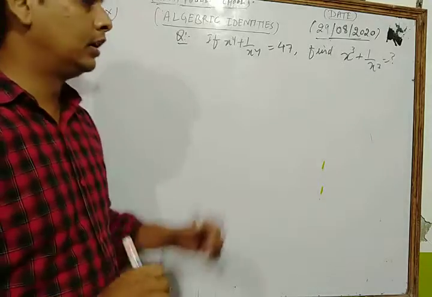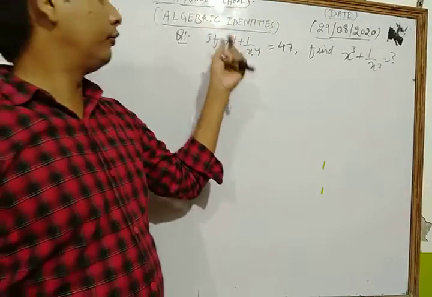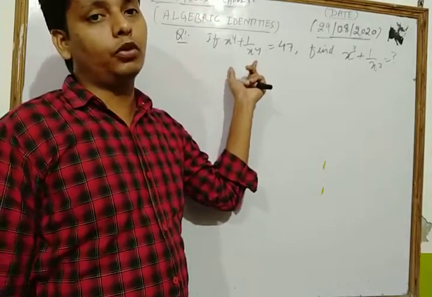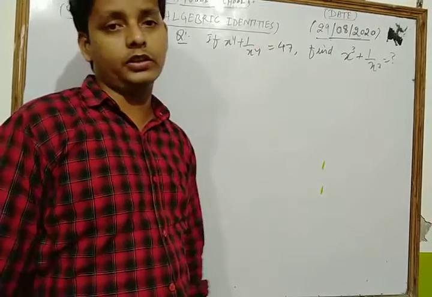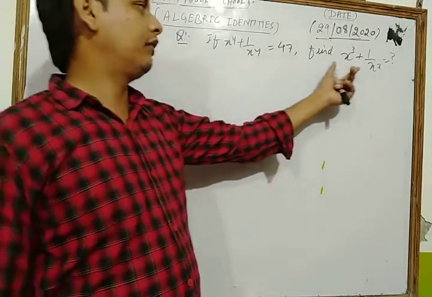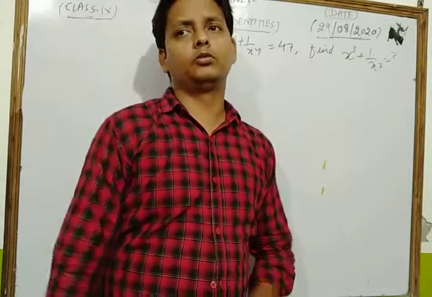Dear students, in this question we have the value of x to the power 4 plus 1 upon x to the power 4 equal to 47, and we have to find the value of x cube plus 1 upon x cube.